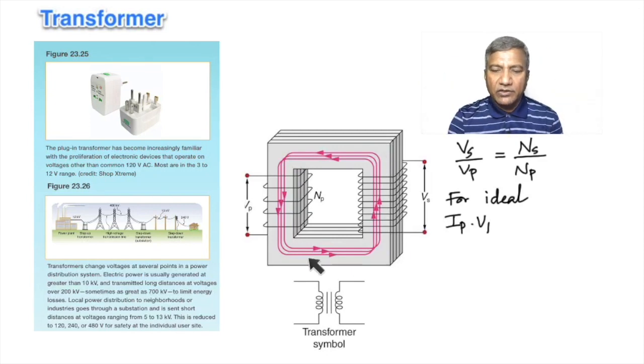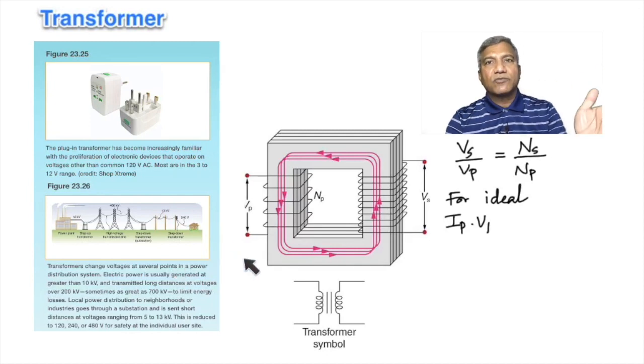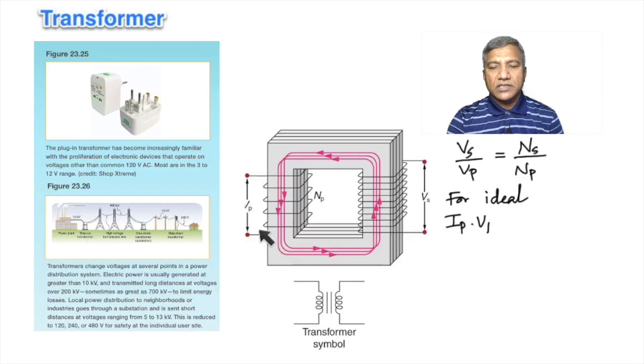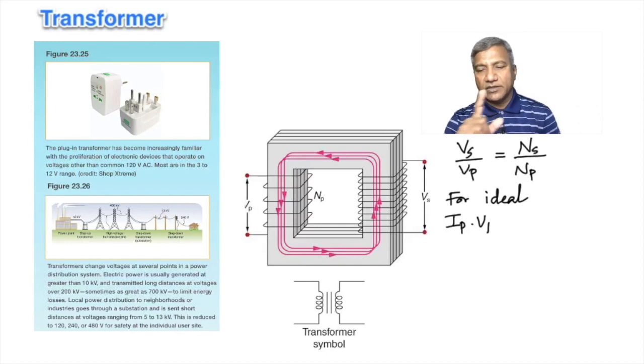One side you have a primary coil, the other side you have a secondary coil. There is a voltage that you give to the primary, and because it's alternating, it's going to induce a voltage in the secondary. There's also going to be a current in the primary, a current in the secondary. So now this should make sense. Vs by Vp is equal to Ns by Np.